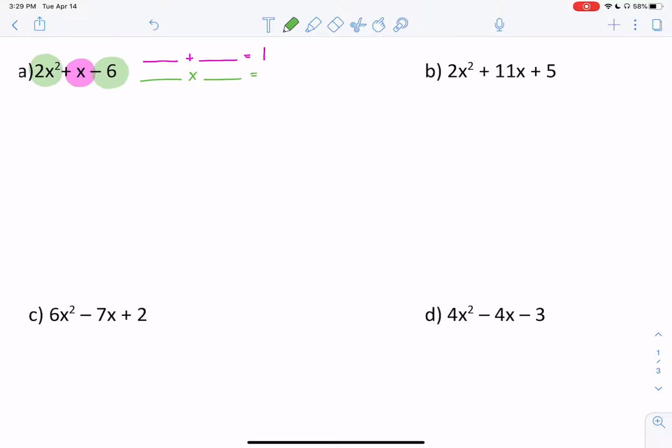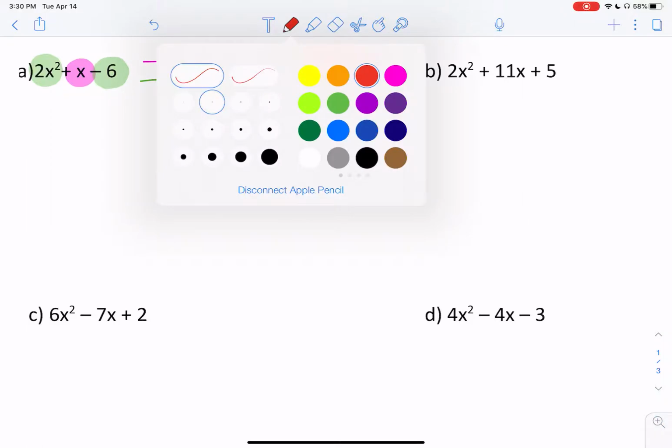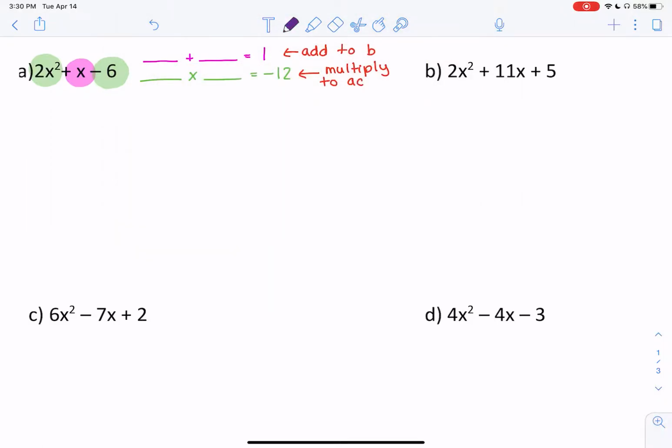So in this case, our a value is 2, our c value is negative 6. So we're looking for two numbers that multiply to negative 12. So two numbers that add to b, and two numbers that multiply to a times c. So that's going to be our setup for all of these.